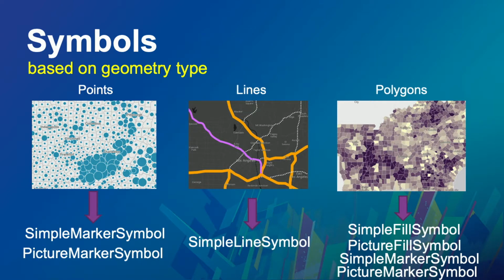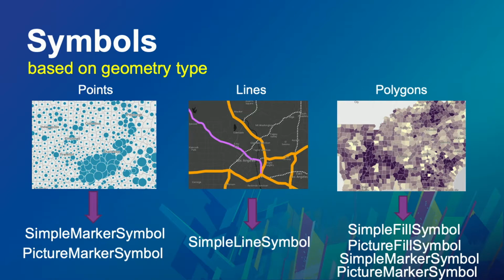So fundamentally, visualizing features or data in your view comes down to the symbols. These are all the symbols that we support in 2D, and I've sorted this slide by type. For points, we call them marker symbols, and for lines, you just have one symbol type.